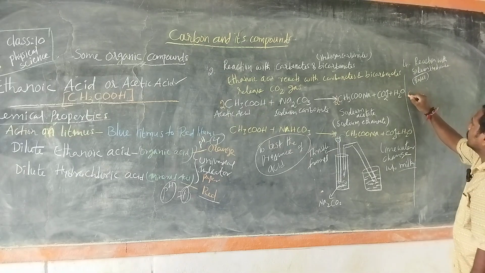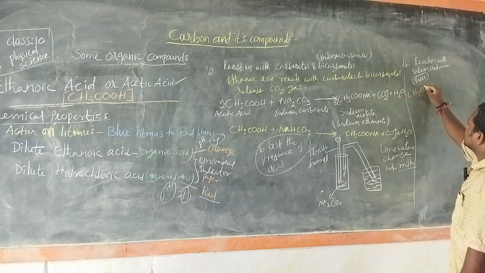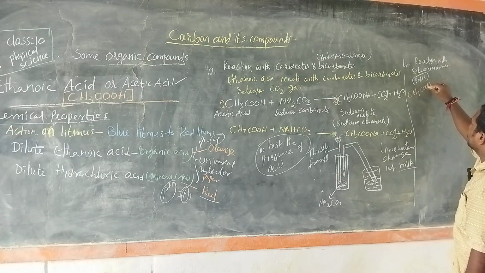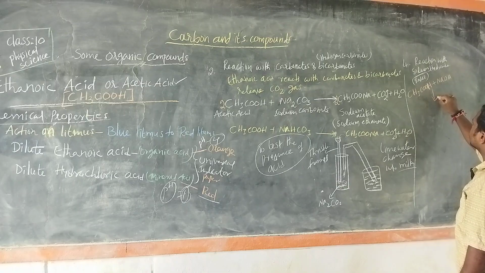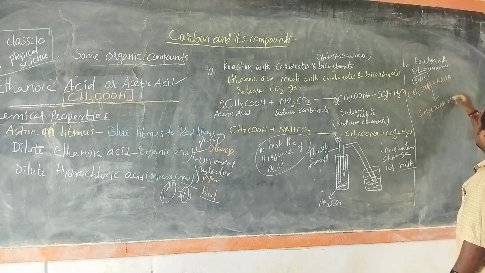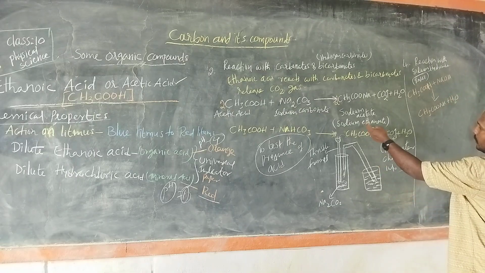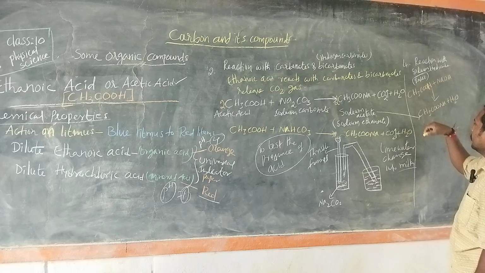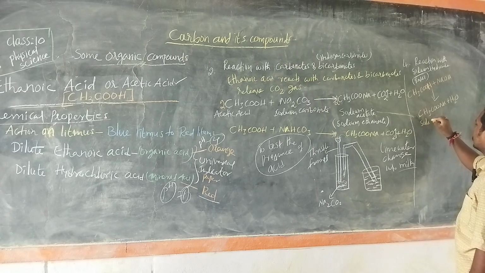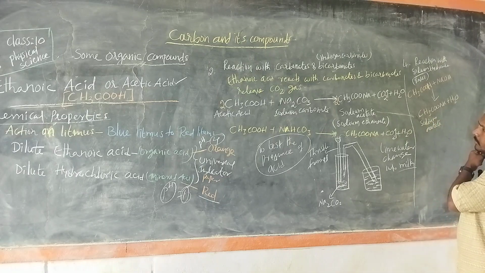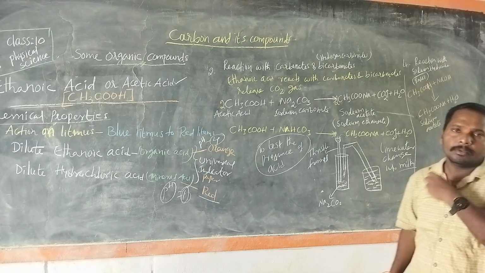So when ethanoic acid CH3COOH reacts with the base sodium hydroxide, it gives CH3COONa plus water. Its name is sodium acetate or sodium ethanoate.